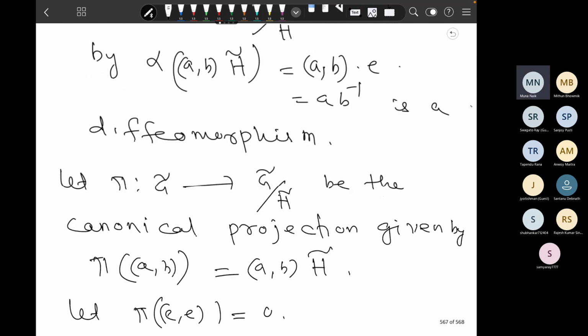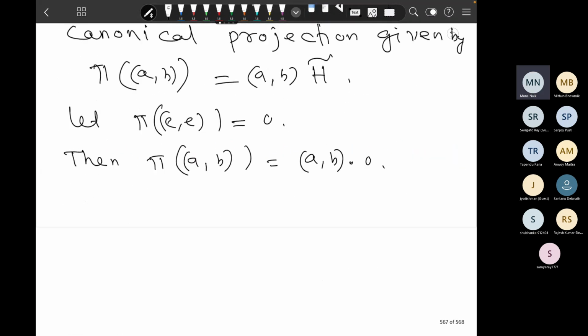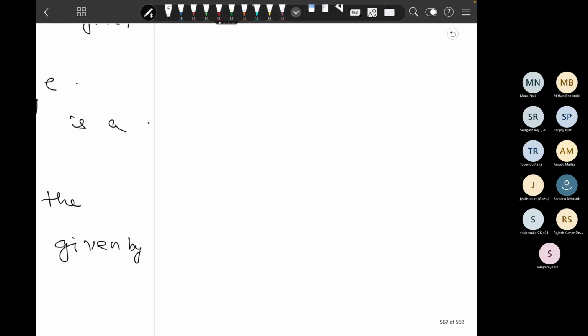Now, so this is the thing. So now onwards we will assume that G is compact.